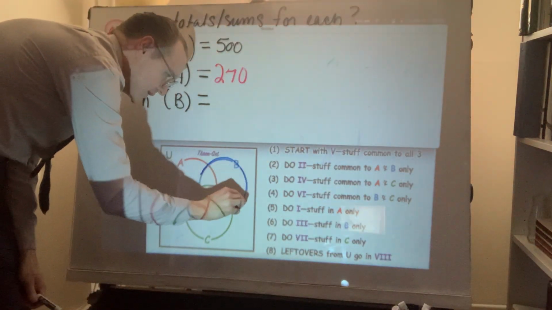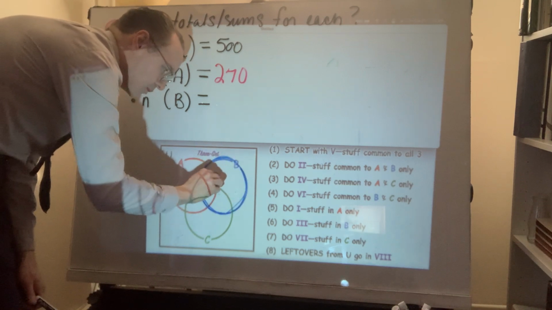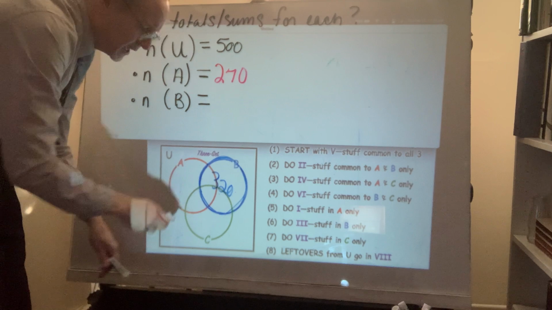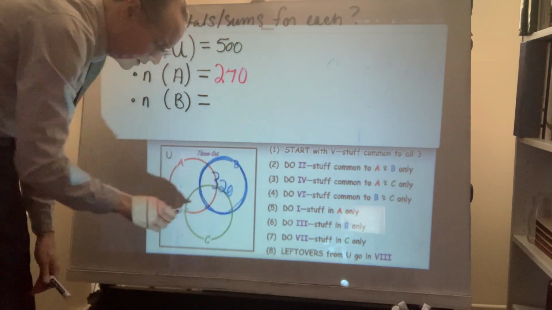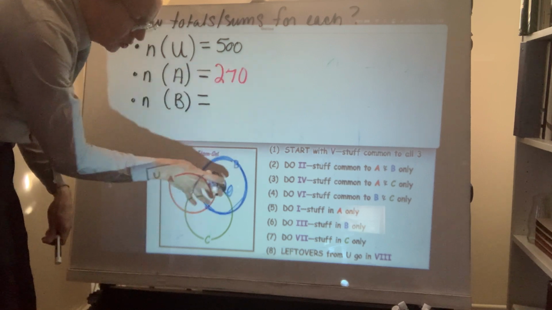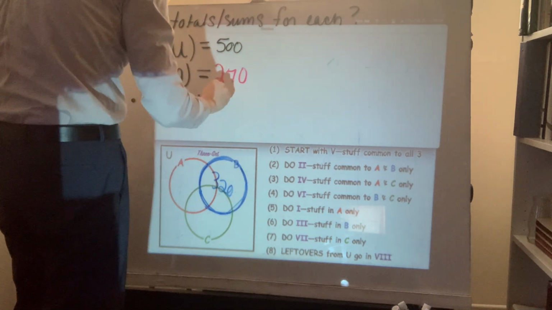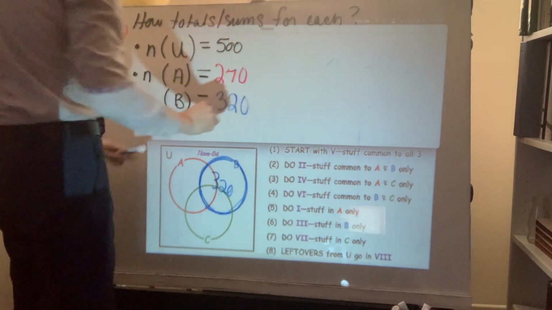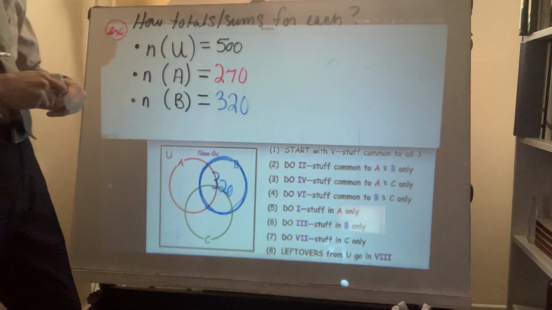Everybody bound within this circle, and there is naturally an overlap, would be 320 people. Don't write 320 yet. I'm just trying to emphasize it. That's 320 people total in blue encapsulation there. So to write it more symbolically, it would be the number 320, the cardinal number of B.